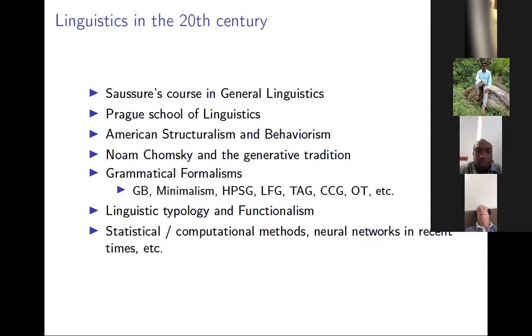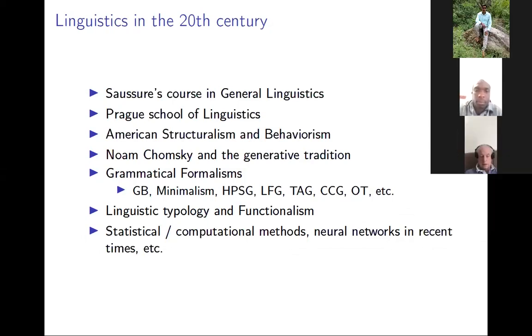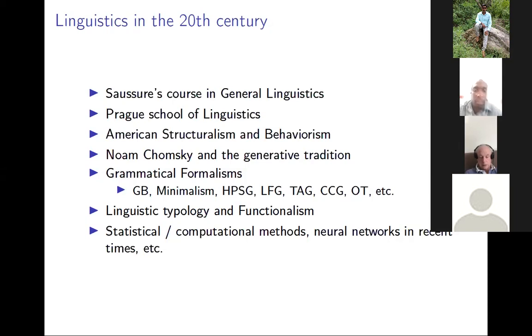And then there was an era of grammatical formalism. Another of Chomsky's contributions is he said that in order to study language using the scientific method, you need to have a formalism which you can use to make predictions, just like any other science, as in physics.